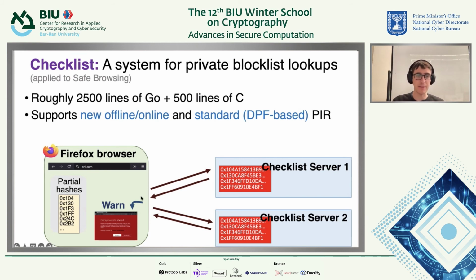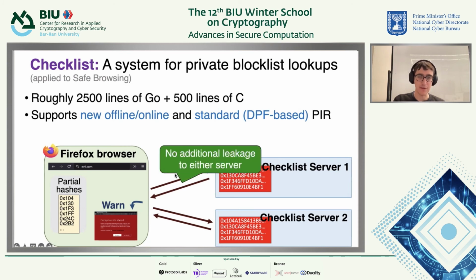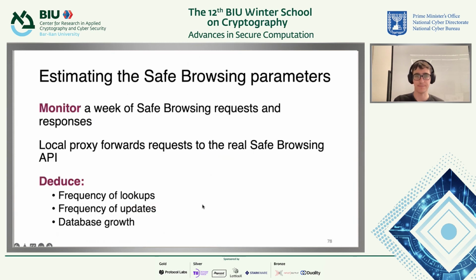As part of our system, we implemented both this new offline-online PIR and the standard DPF-based PIR, and wanted to see how they fare against each other. The benefit is that the PIR will guarantee that there's no leakage about the browser history to the service providers.